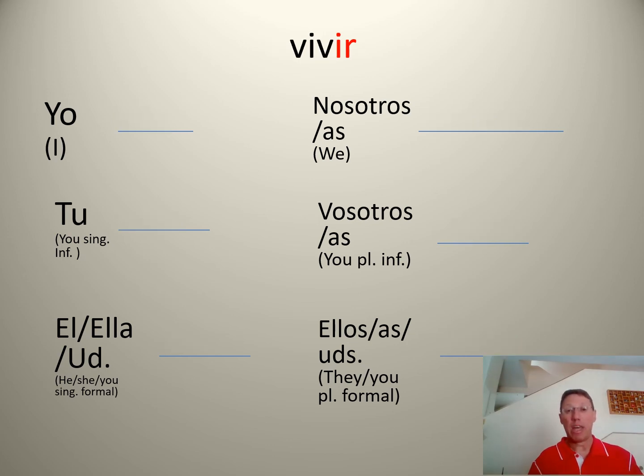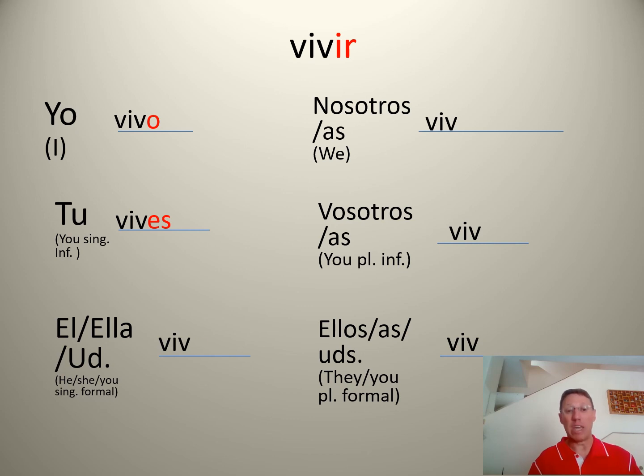For IR, it's exactly the same as for ER in 4 of the 6 cases. The 2 exceptions we'll get to in a moment. So again, take the root, viv. So it would be yo vivo, exactly the same as for all the others. The yo case always gets the O in regular form. Tu vives, notice not vivis, but vives, exactly the same as we had for ER.